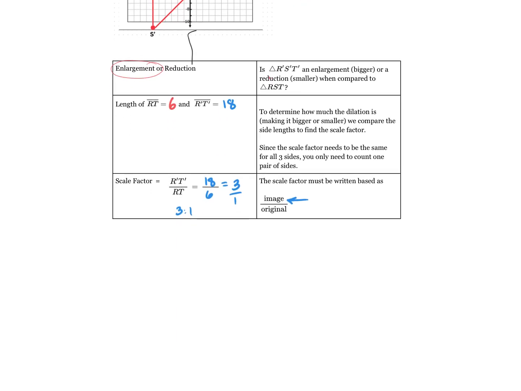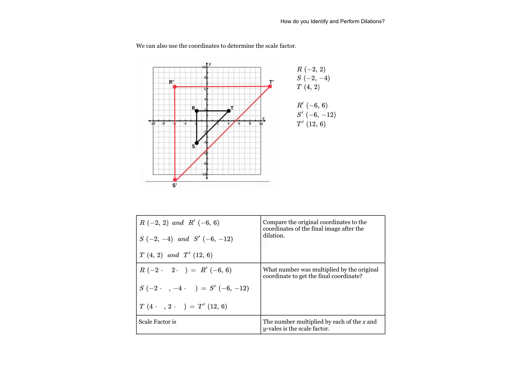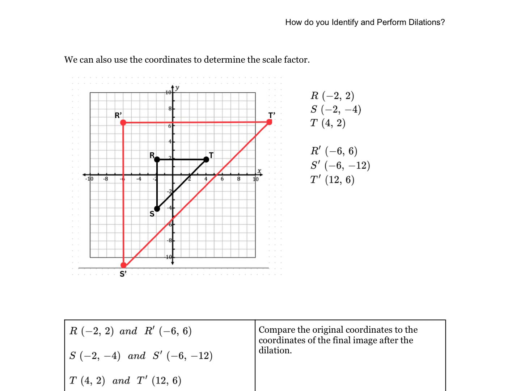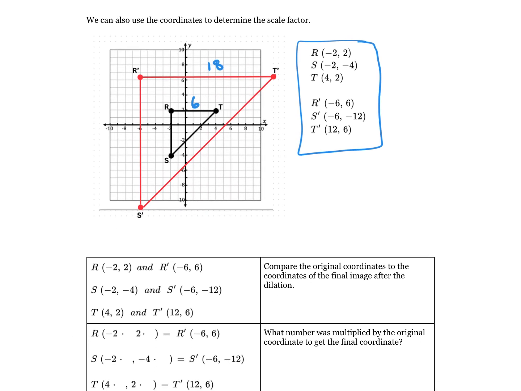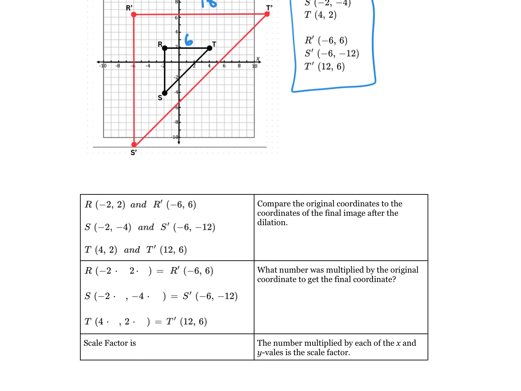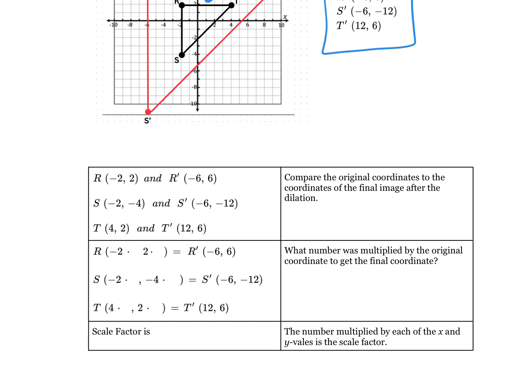Now, another way that we can solve this exact same problem is using the coordinates. Same problem. We already know that this has a length of 6, and this has a length of 18. But we're going to look specifically at the original coordinates of RST and compare them to my final image of R prime, S prime, T prime.